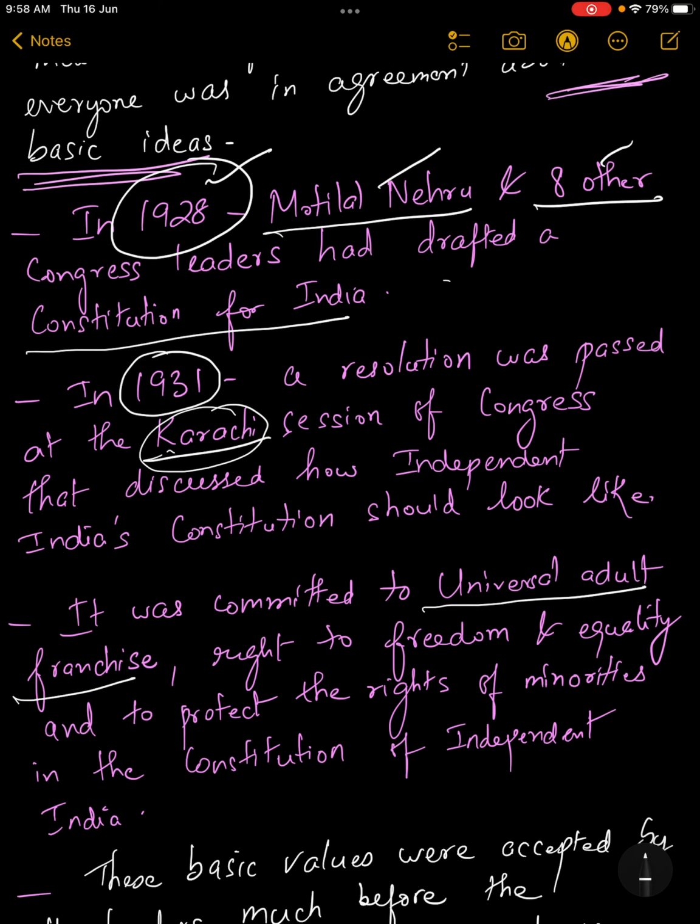Irrespective of who they are, right? Then right to freedom and equality, obviously, very, very basic stuff. Protection of the rights of minorities, right? Religious minorities, linguistic minorities, tribals, right? So on and so forth in the Constitution of Independent India. So these were some of the basic agreements that they had reached.